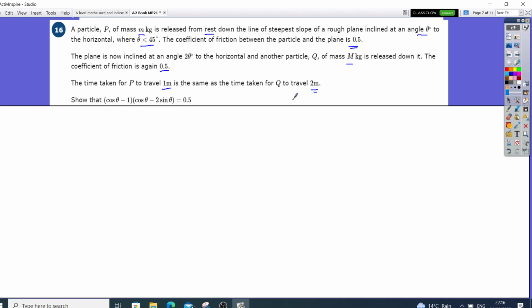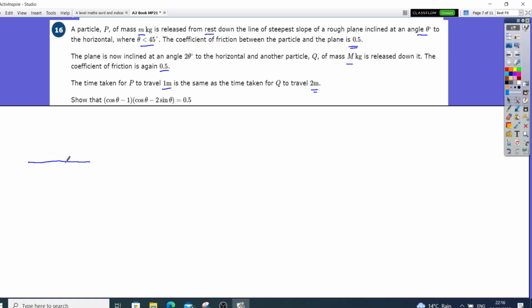Right, so let me just have a quick think of this. Let's have a quick go. So first of all, let's do the P particle.